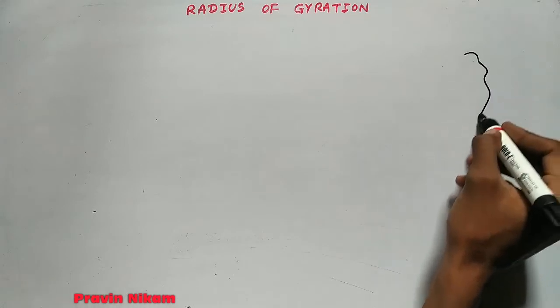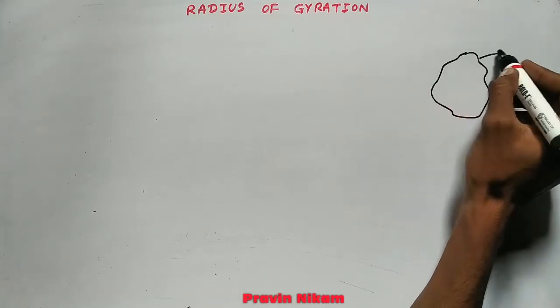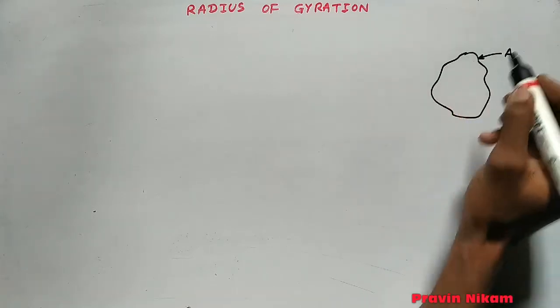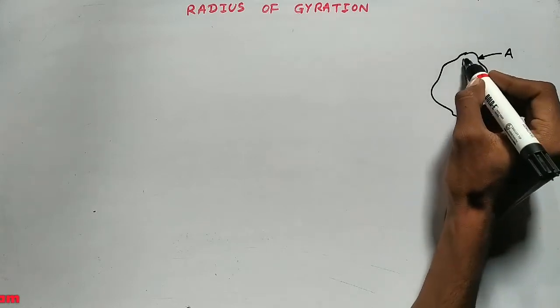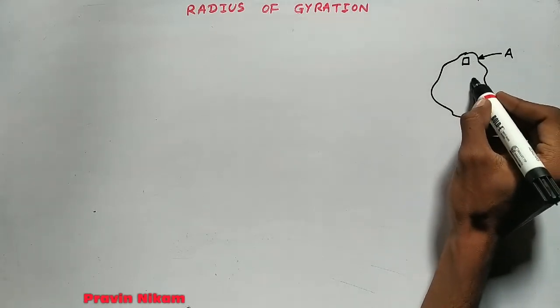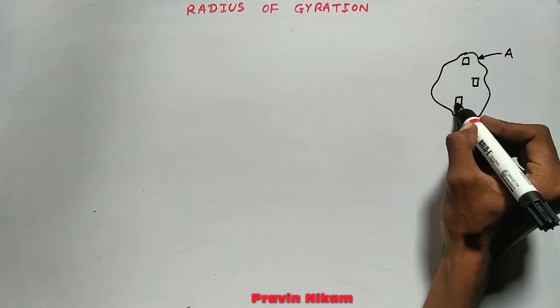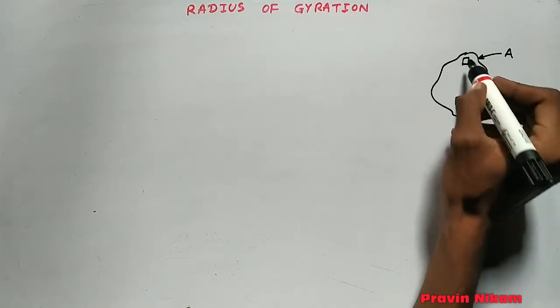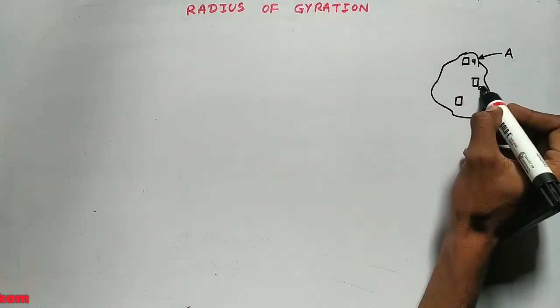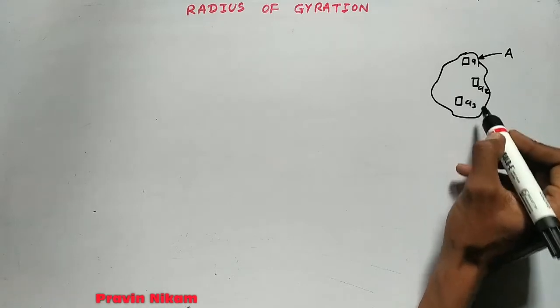For that, consider one arbitrary area A, and divide this area into a number of areas. Take this as A1, this as A2, this as A3.